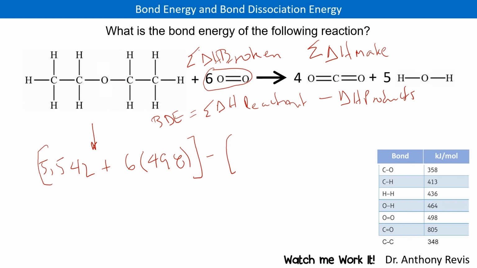We've gone through that in another calculation. So we have 4 carbon dioxide in a balanced equation, so it's going to be 4 times one of these, which has a value of 1610 kilojoules per mole. We're going to leave the units off for convenience, and we'll put them back in at the end.